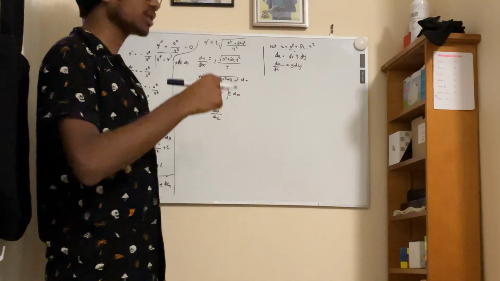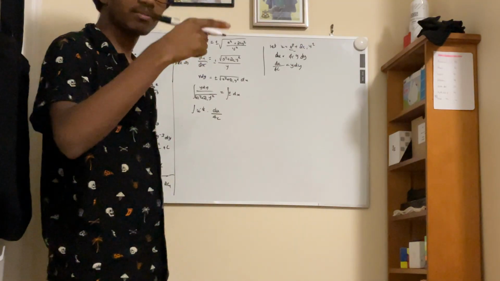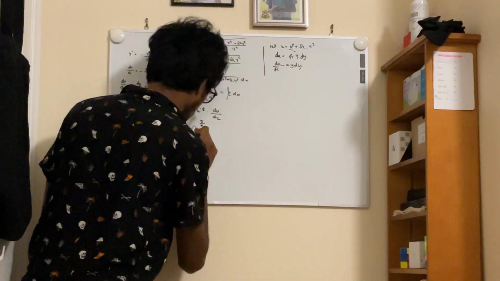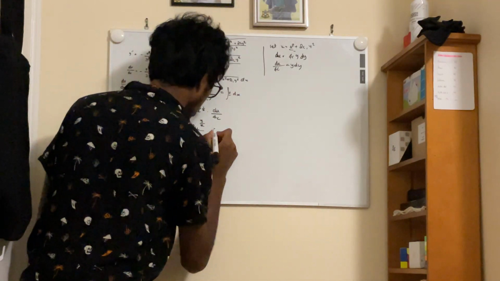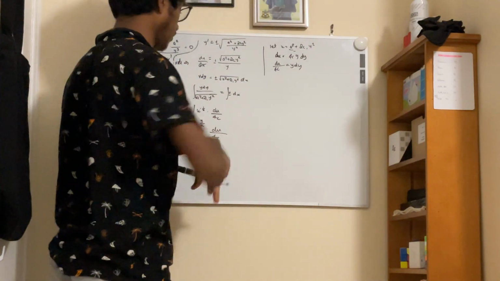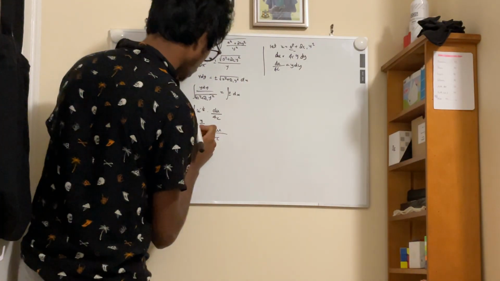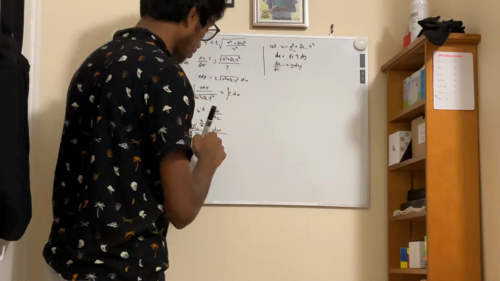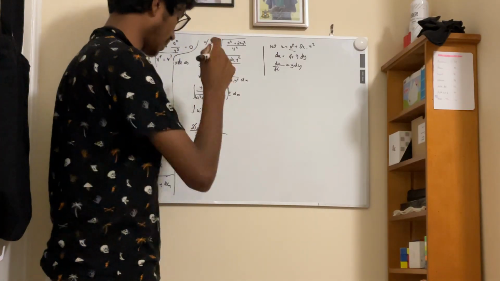Well, that's just negative half plus 1, which is 3 on 2. And this obviously gets cancelled out, so that's 2. And it's 2 on the bottom. 2 into 3, that becomes 6.